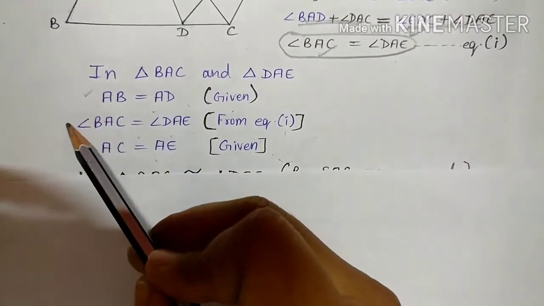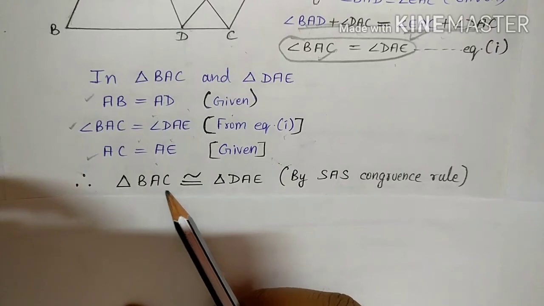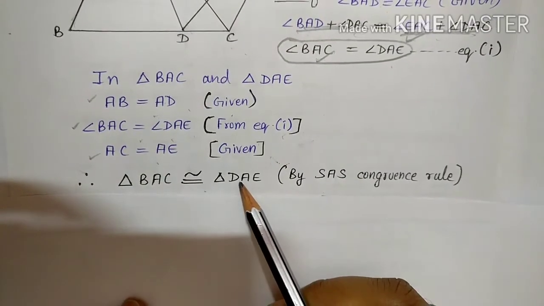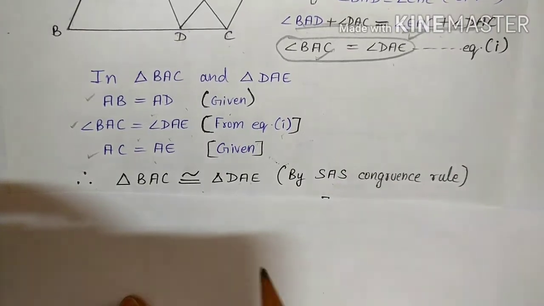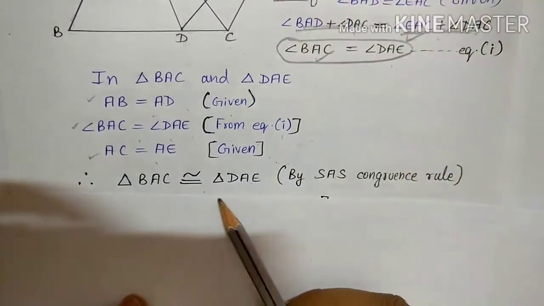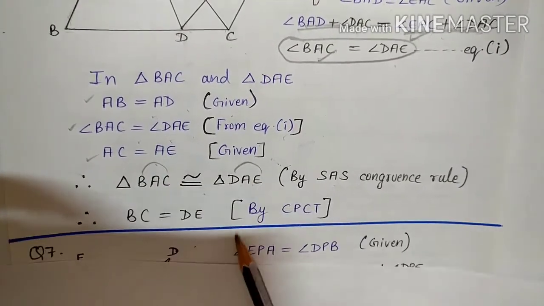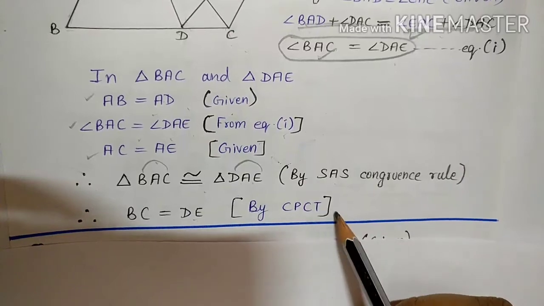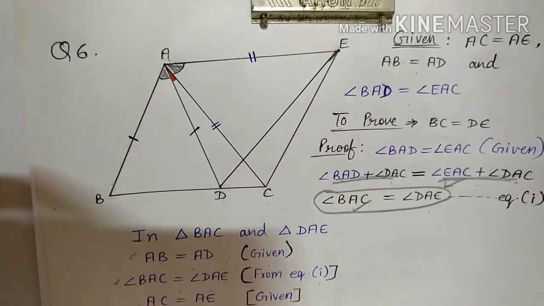Now by side, angle, side, triangle BAC is congruent to triangle DAE by SAS congruence rule. Now if triangles are congruent, their parts BC will be equal to DE by CPCT. So in this way we have done our question number 6.